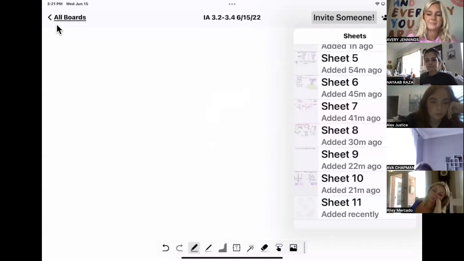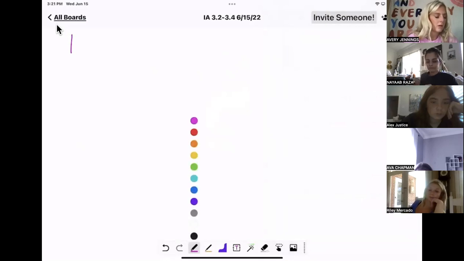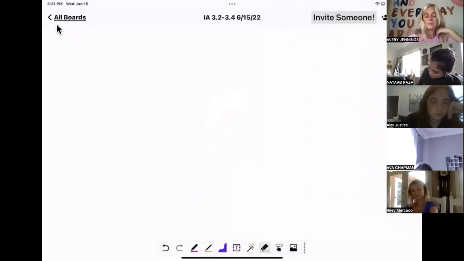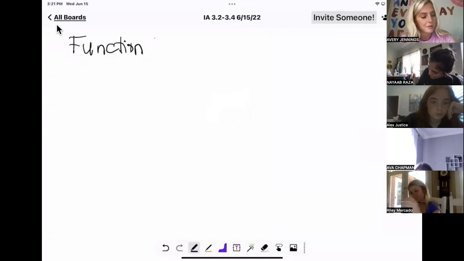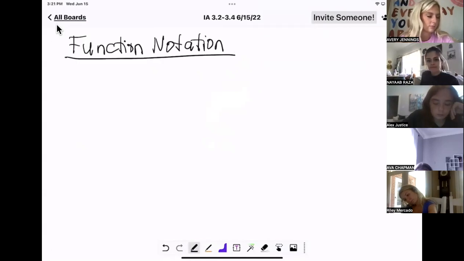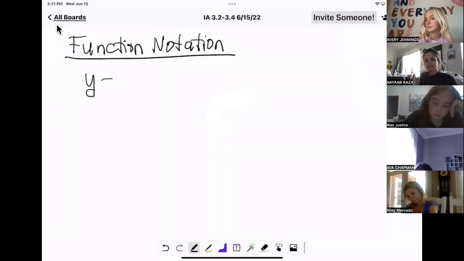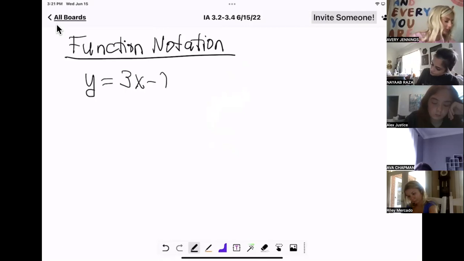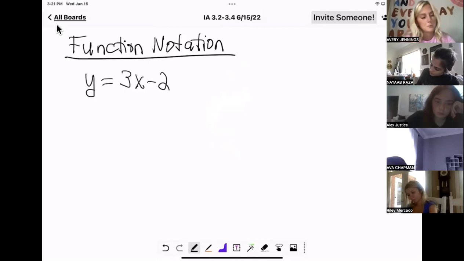Okay, so function notation. You've probably seen it, maybe you've used it before. So y equals 3x minus 2, that's not function notation.